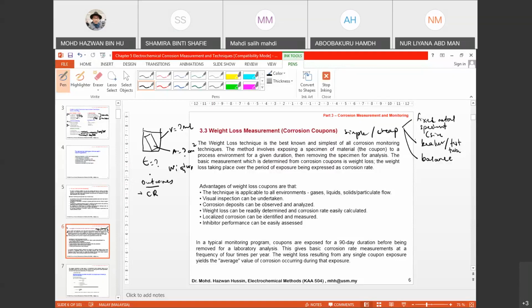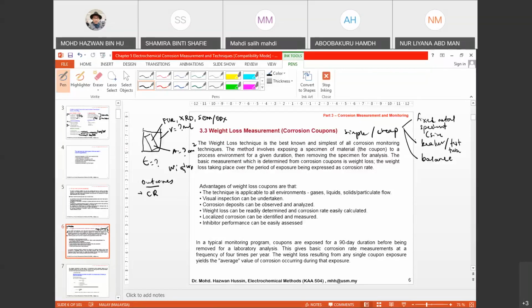Apart from that, the metals can be analyzed using FTIR, to see the phase, and XRD. You can also perform SEM-EDX: scanning electron microscope to see the surface morphology, and EDX to determine the elemental composition before and after corrosion.